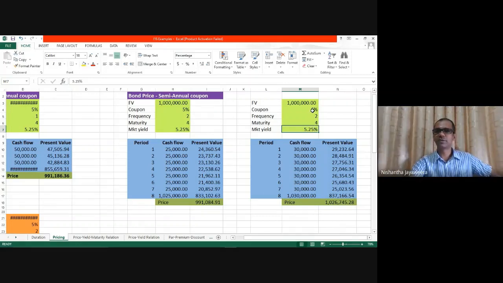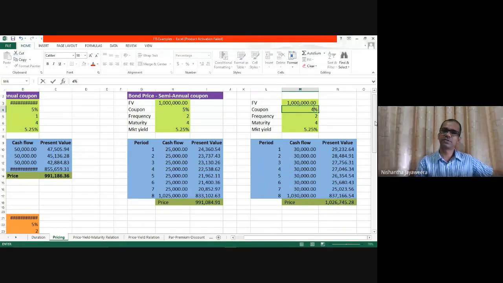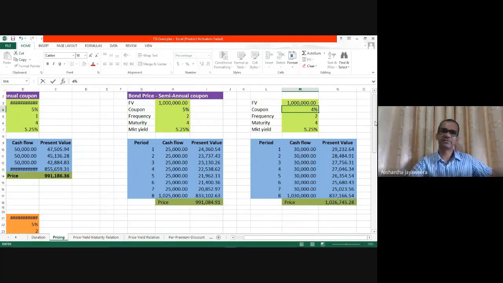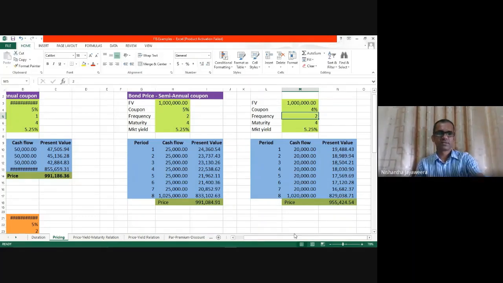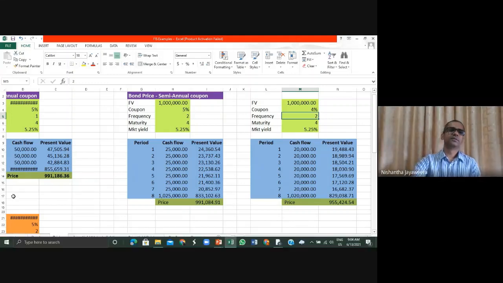So what would happen if we lower this to 4%? If you change the coupon to 4%, what would happen? The price is lower, trading at 991. Okay, is it clear?